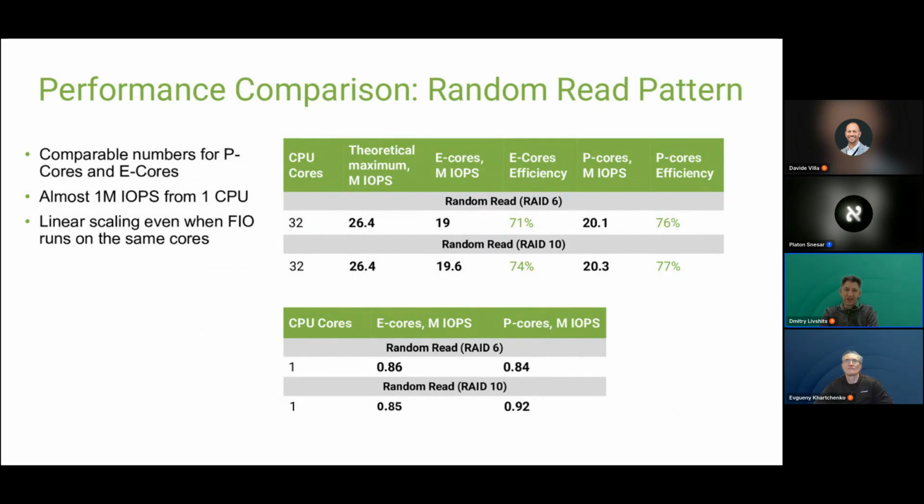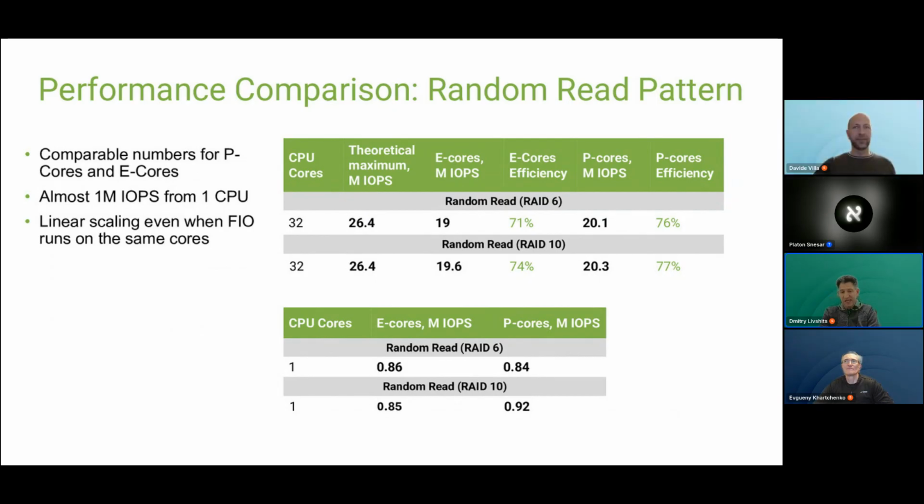In the random read workloads, in the RAID implementation, you could get about 20 million IOPS from this server, which is more than 70% of the theoretical possible efficiency with our implementation, because for sure we have some overhead for our data paths. It's impossible not to have overhead at all when we are discussing such huge numbers.